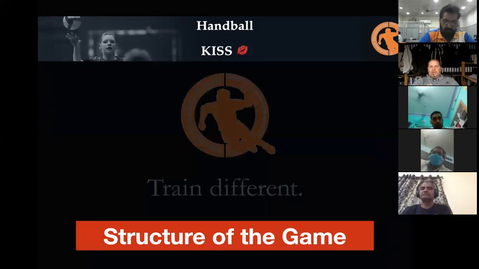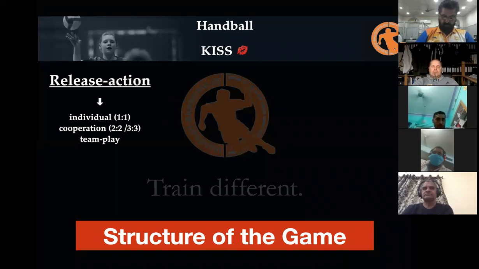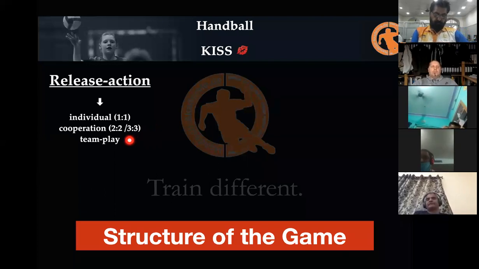Now, bring this into a structure. We always start with a release action in attack. So this release action, to release means to start the attack and to release the advantage, can be worked out on the individual level, one-on-one, we saw it in the examples before, can be a type of cooperation, 2-on-2, 3-on-3, or can be worked out in a team play.